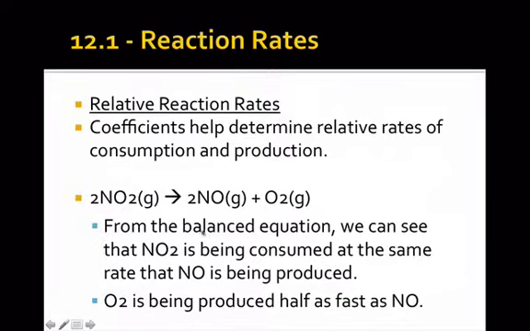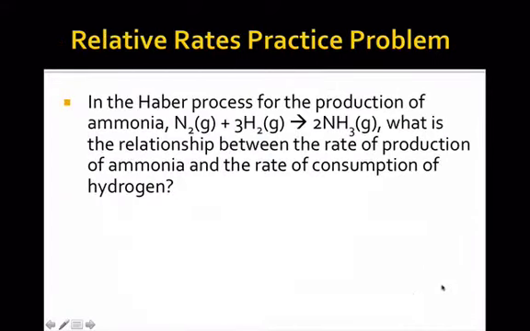So how I would relate that is that the nitrogen dioxide is being consumed twice as fast as the oxygen is being produced. And you can use those coefficients to do the relative rates of consumption and production. That's what we use those coefficients for.